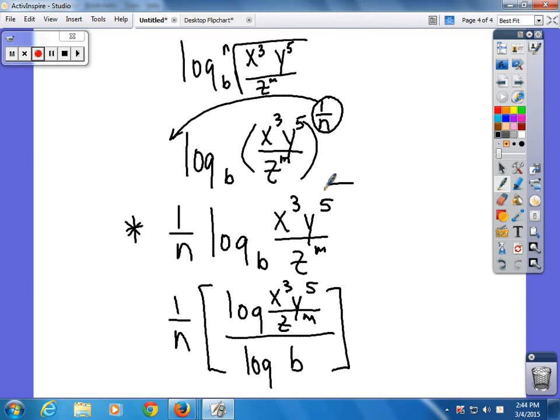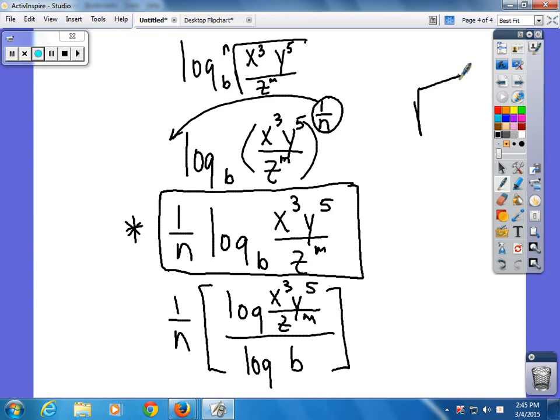So this right here, from here to here, is very important in calculus. Whenever you see this guy, you know you've got to rewrite it.